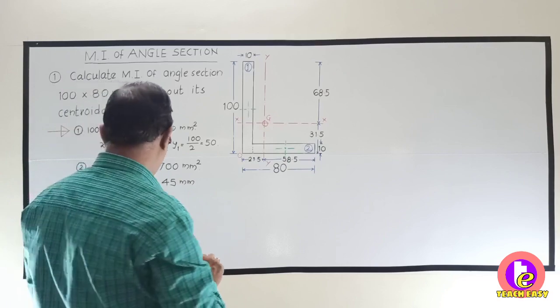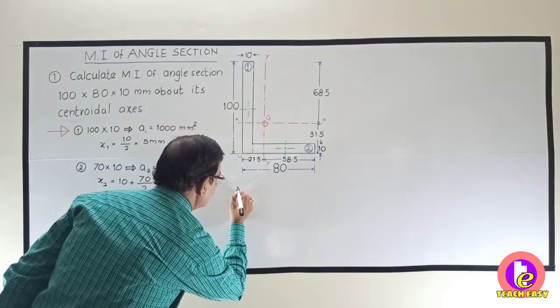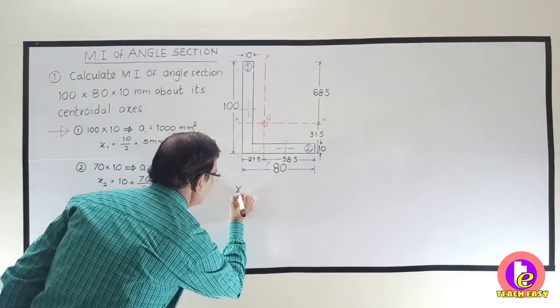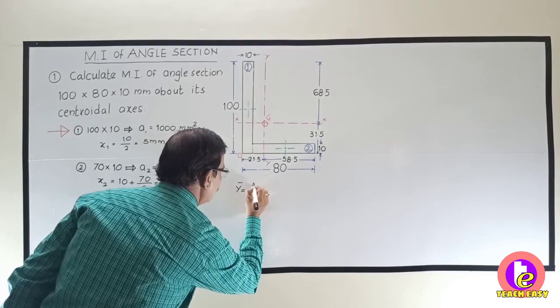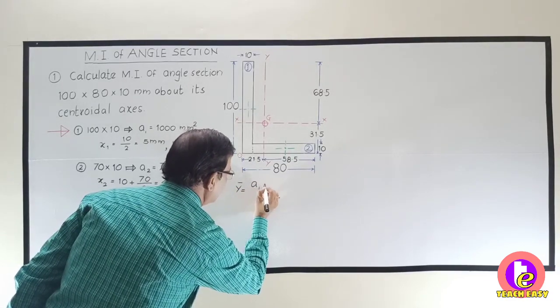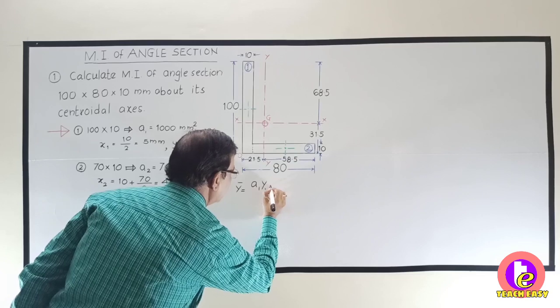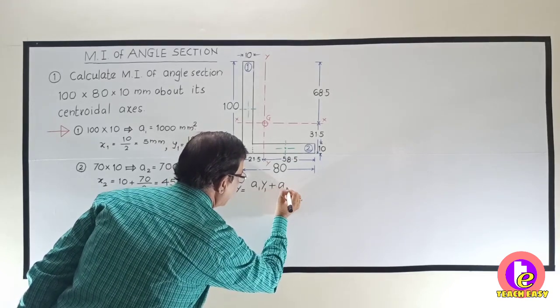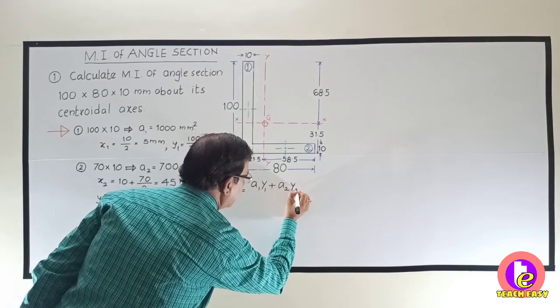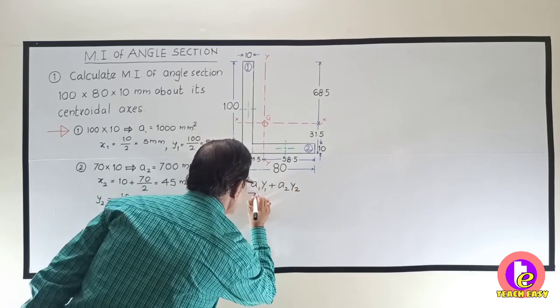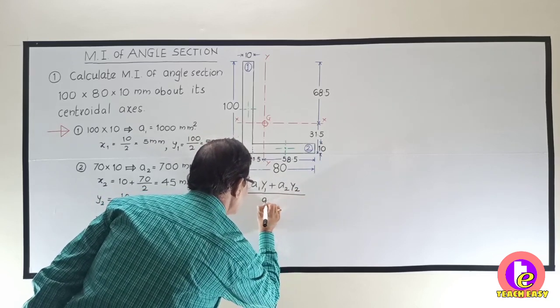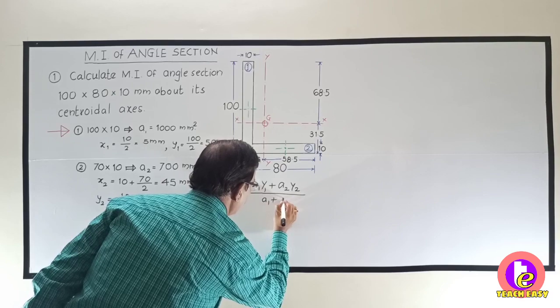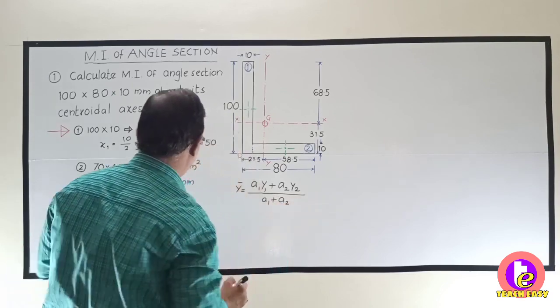Similarly, calculate y bar. So what is the formula for y bar? Y bar is equal to A1 y1 plus A2 y2 upon A1 plus A2. Put the values once again.